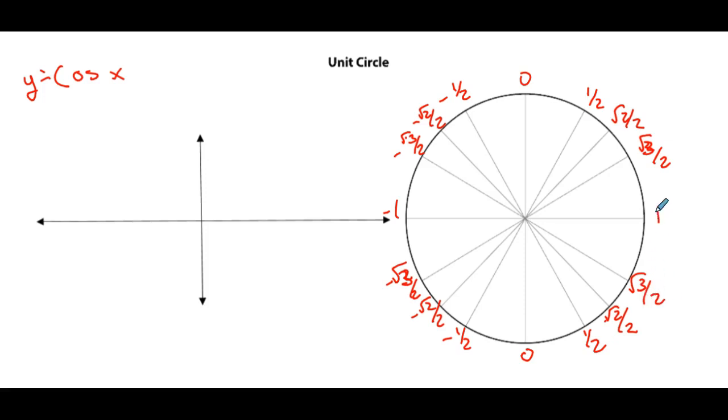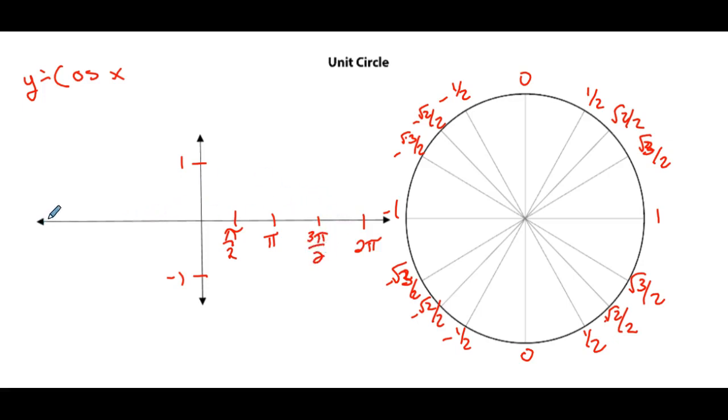So if we think about that, right? Our largest value is 1. Our minimum value is -1. Again, we'll think about 2 pi. We'll think about pi over 2, and 3 pi over 2.